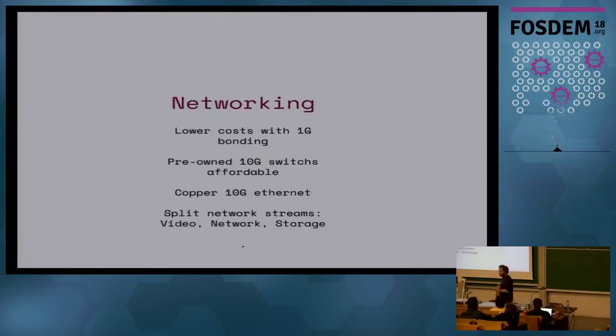One thing that we have seen in the past 5 years is that you can get quite low price switches on eBay, secondhand, and they are rock solid. So it's a hardware part that you can buy secondhand and you can lower the costs a lot. Maybe 3 or 4 times cheaper than the new switch.